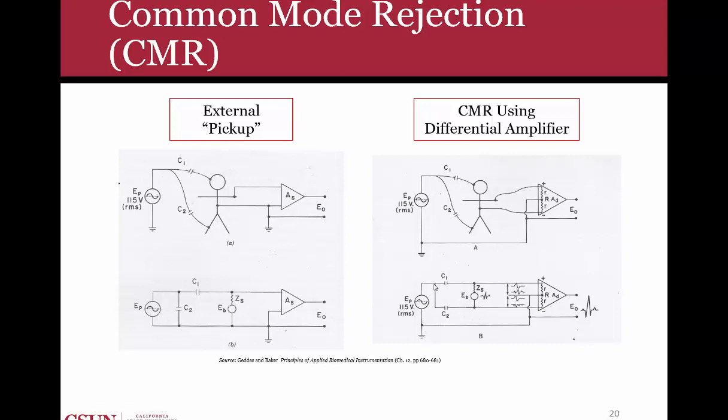If from this electrode you're measuring some signal, and from the other electrode you're measuring some other signal, while they both have this common mode voltage sitting on top of them, when you do the difference amplifier, it subtracts off that same signal, and then you're left with just the ECG signal that was hiding underneath that noise.